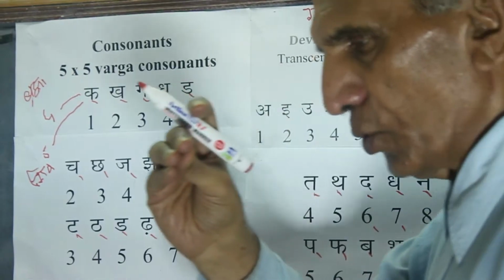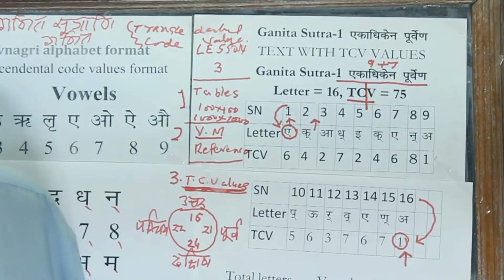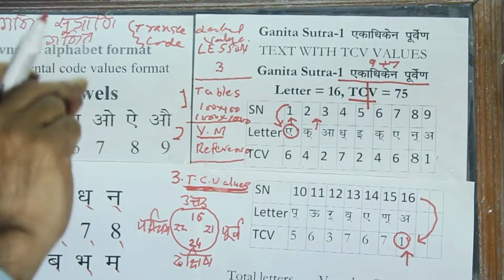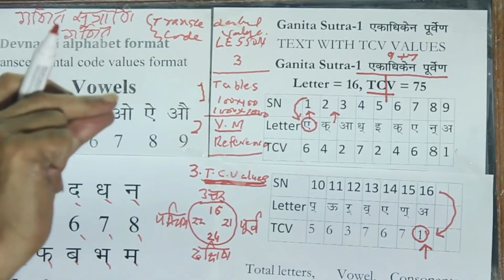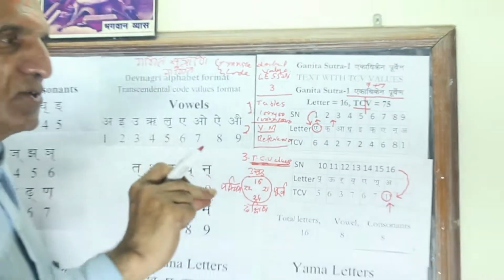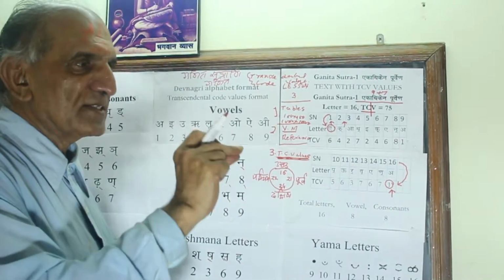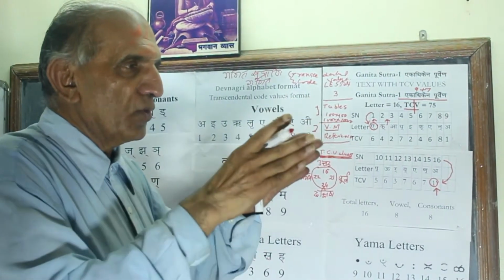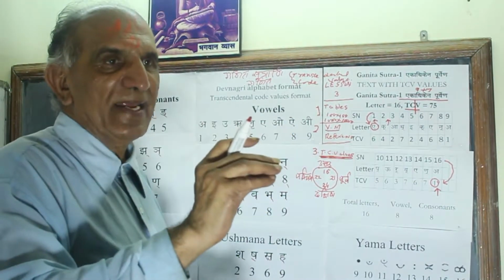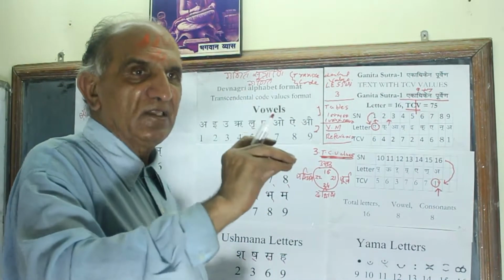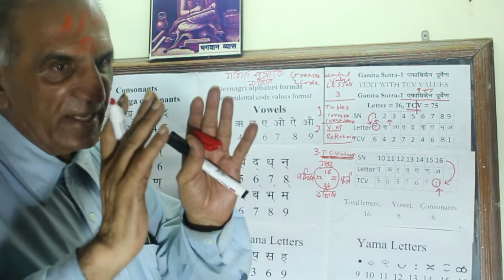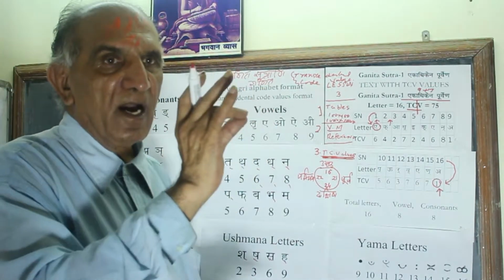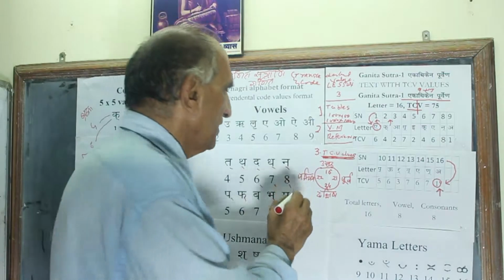Therefore, let us make a note in our Vedic Mathematics Referencer that the abbreviation TCV is of the full form Transcendental Code Value. Transcendental Code Value has the equivalent Sanskrit, Hindi nomenclature Divya Ank Vyavastha.